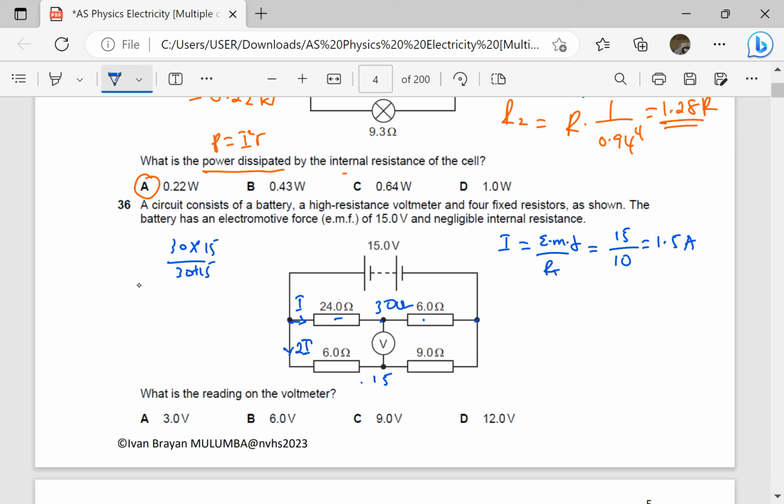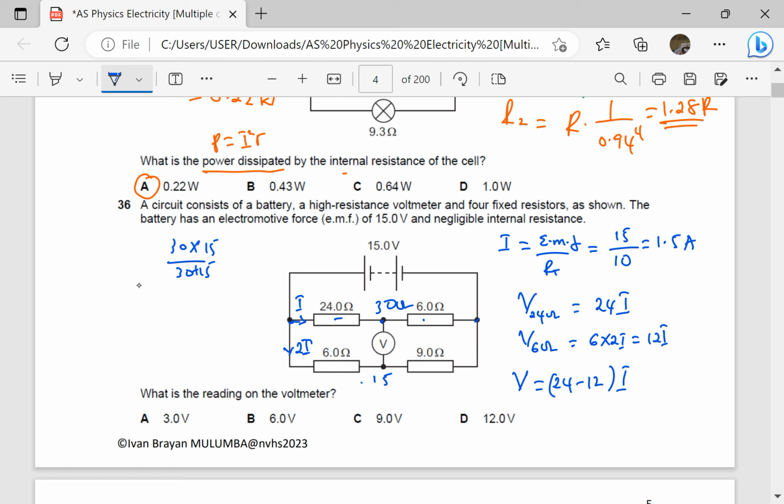Therefore, the PD across 24 ohms is going to be 24 times I. Then the PD across 6 ohms is going to be 6 times 2I, so this is 12I. The reading of the voltmeter is the difference between those two, so the PD between those two points is 24 minus 12, into I.